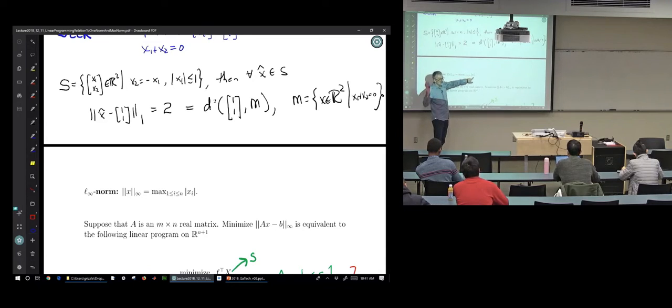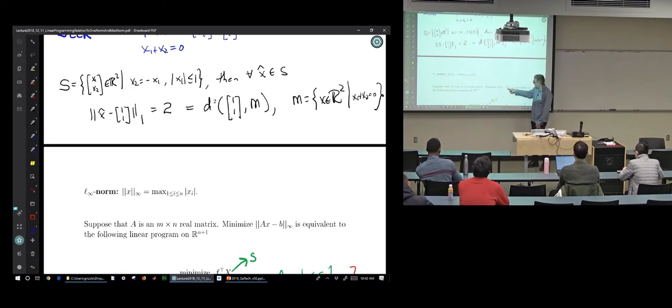All we're saying is we only care about the worst one. Okay? So the L infinity norm or the max norm, just the worst error. So it's the max over the absolute value of the errors line by line in the equation.